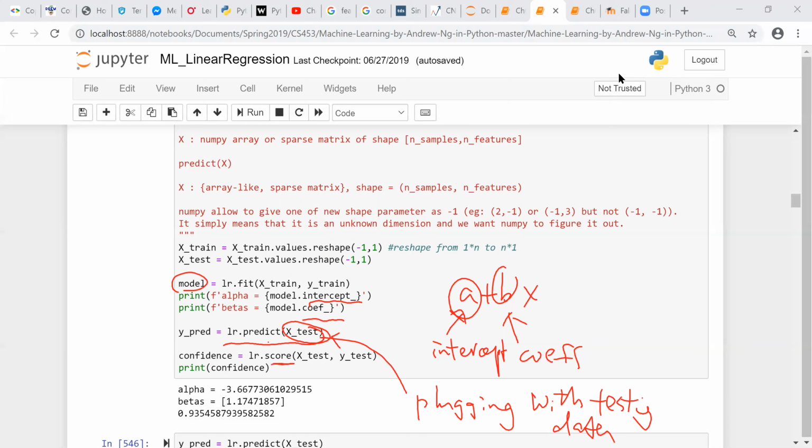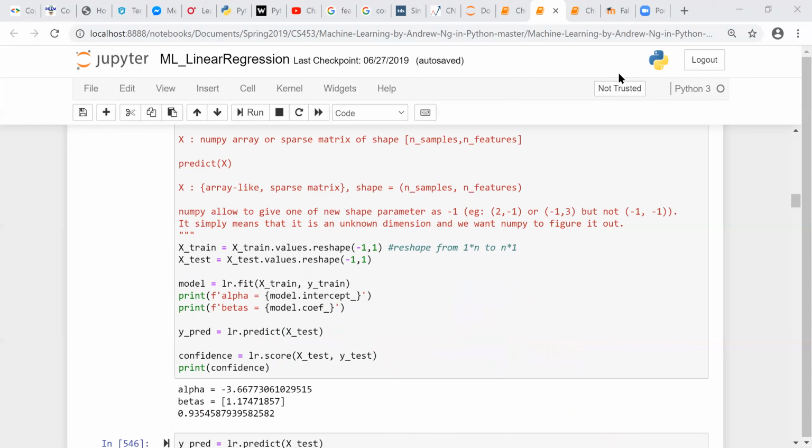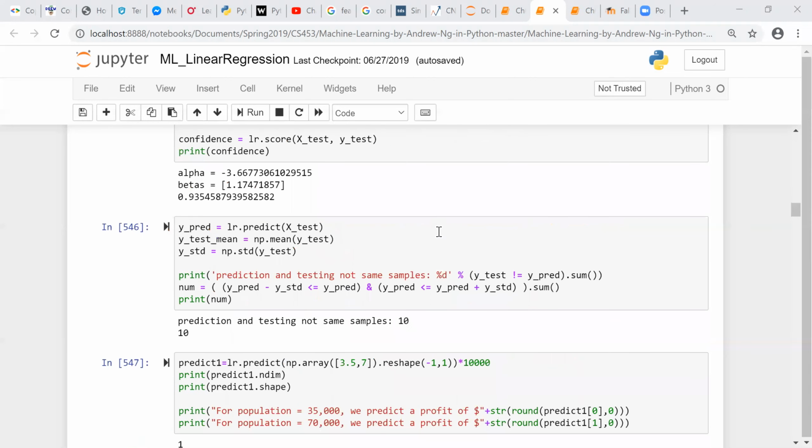You can call score to find the accuracy. The accuracy in this case is 93.5%. You can see it's quite simple, pretty straightforward.